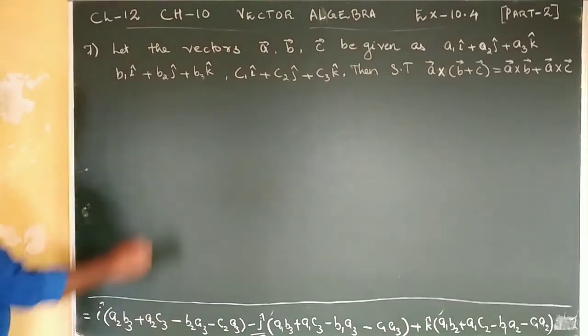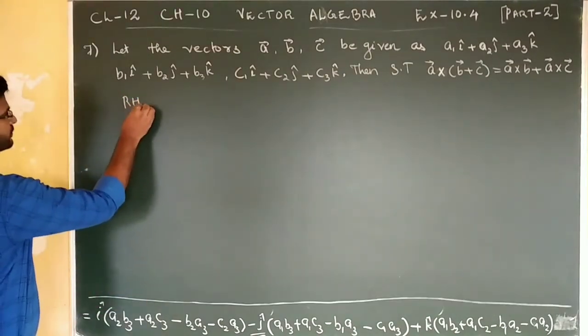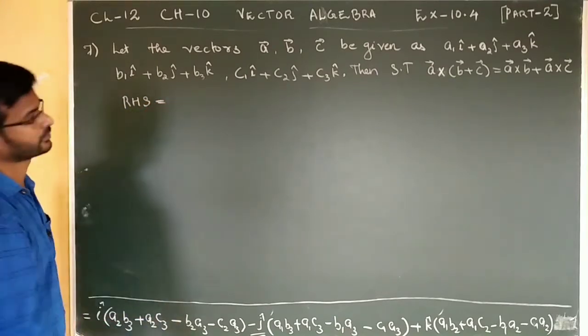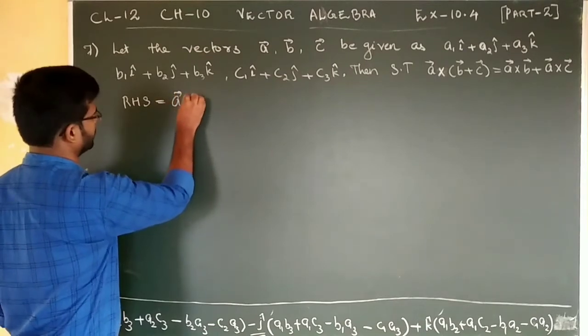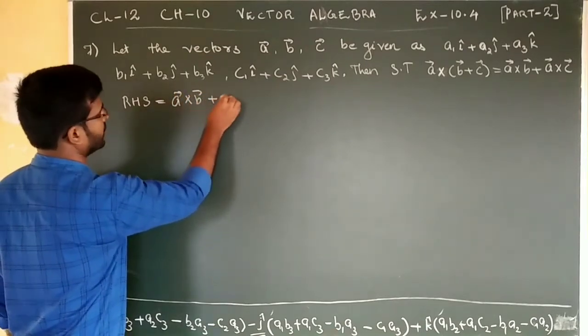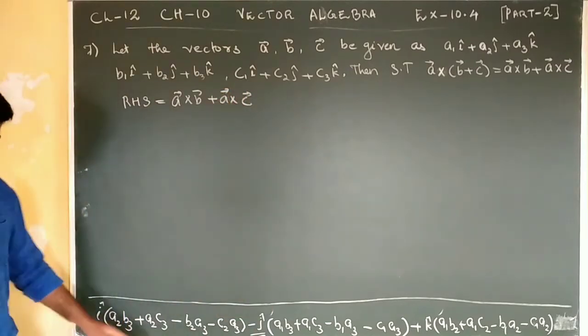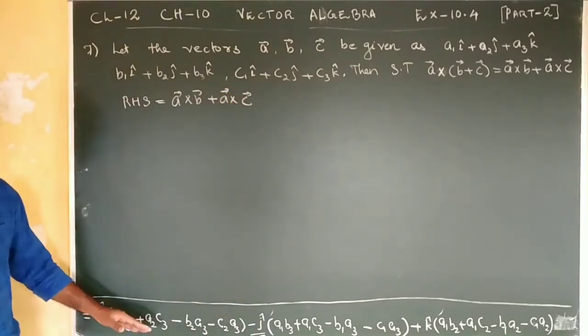Now we can take RHS equal to A vector cross B vector plus A vector cross C vector. This is our LHS answer, I kept in here for checking.